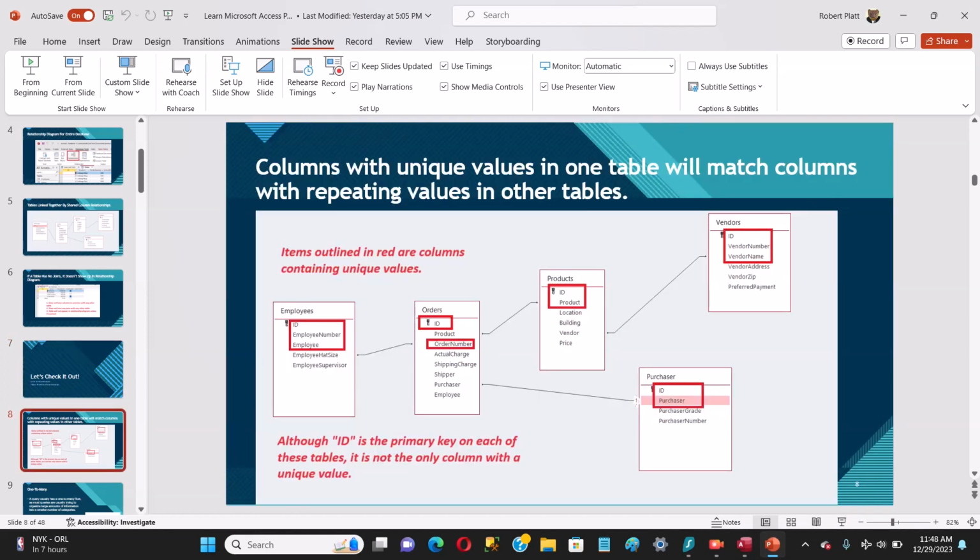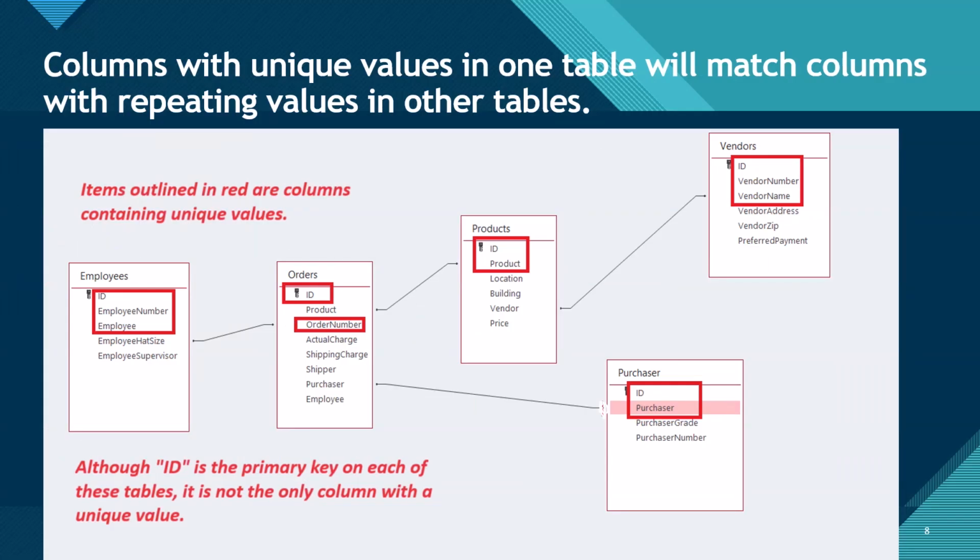So let's look at a relationships table, and let's specify all the rows with unique values. The primary key of each row is the ID number, which is kind of the equivalent of a line number.